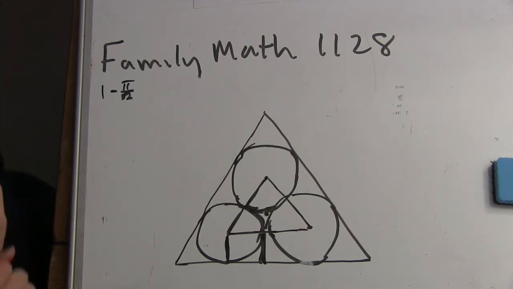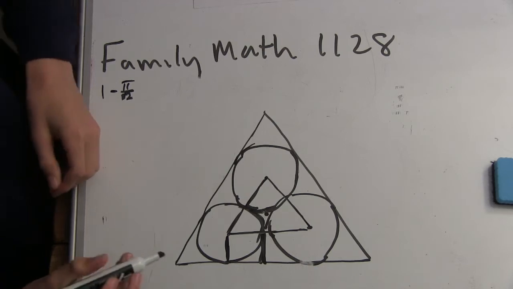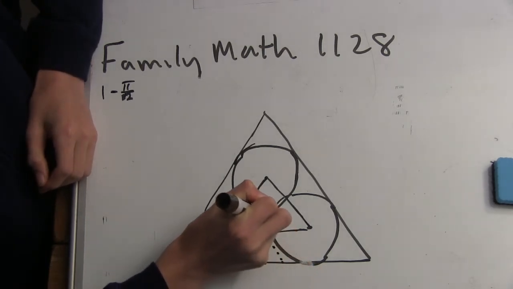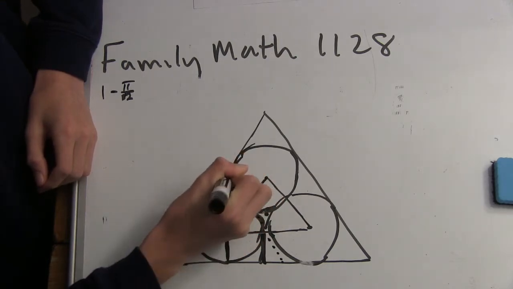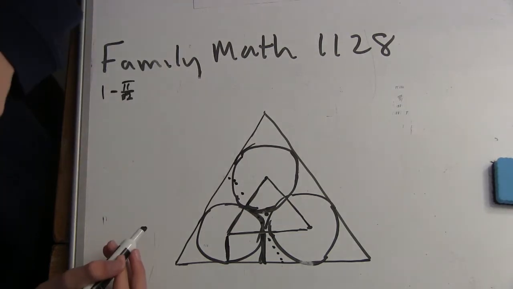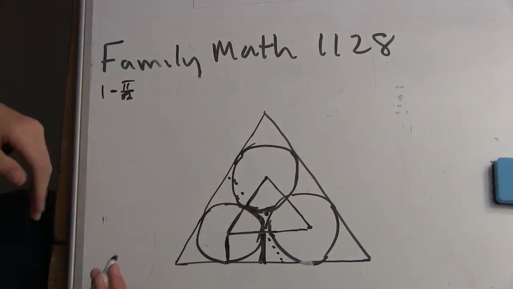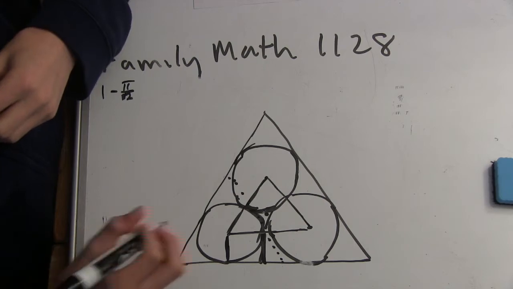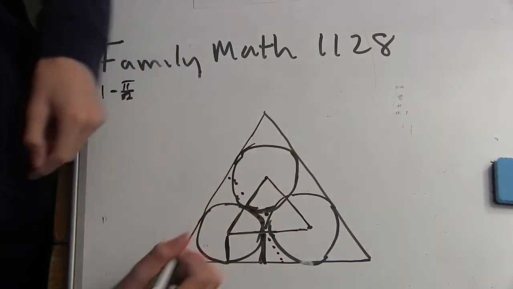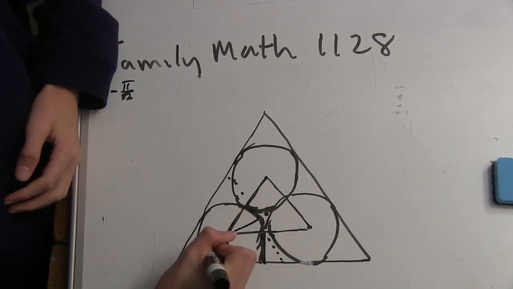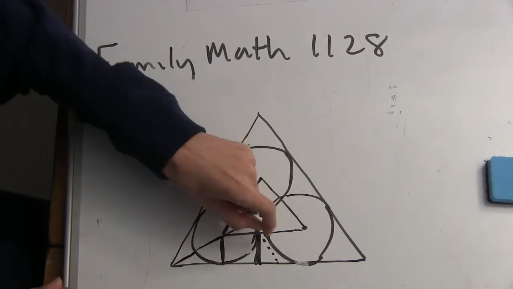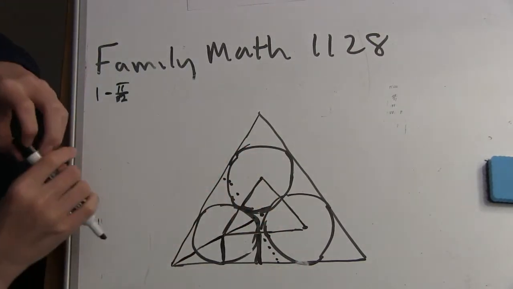But something else we could try is imagining that we divide here, we chop off this section, and this would be its own equilateral triangle, and then we know that 3 of the radii stack to this length, so this length would be 1/3 of the triangle to here.